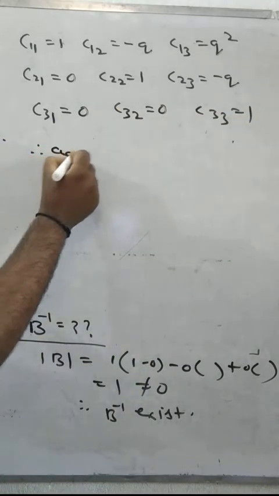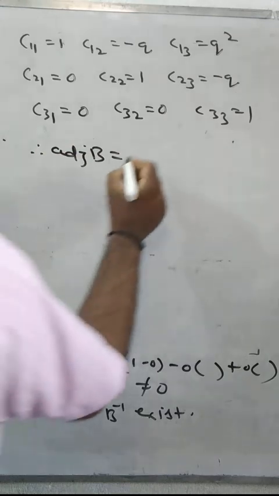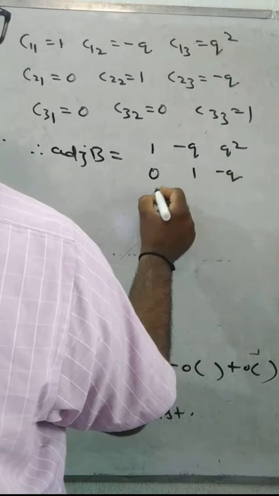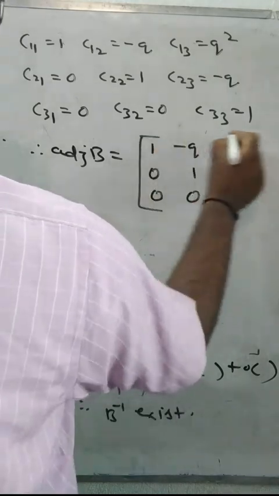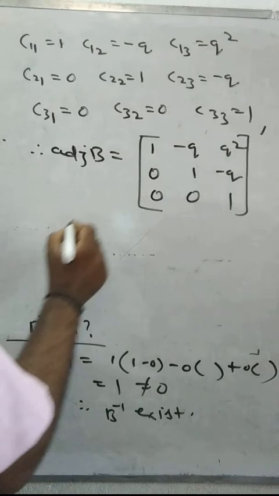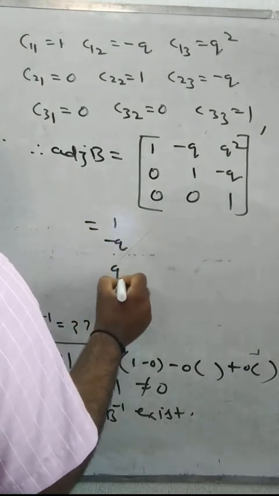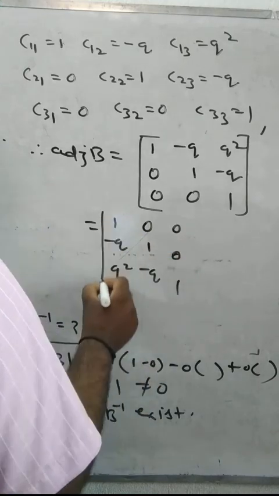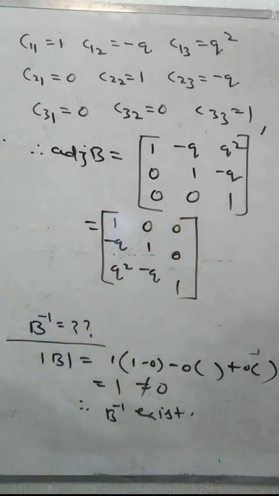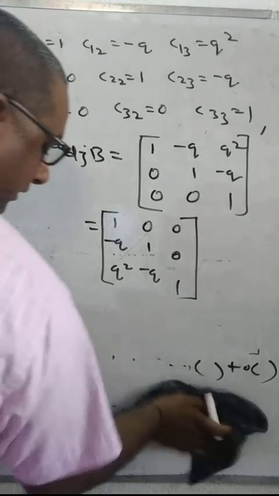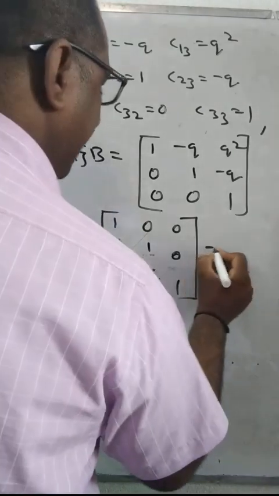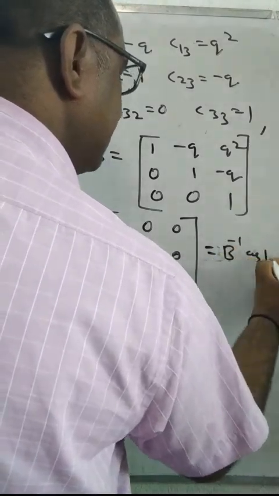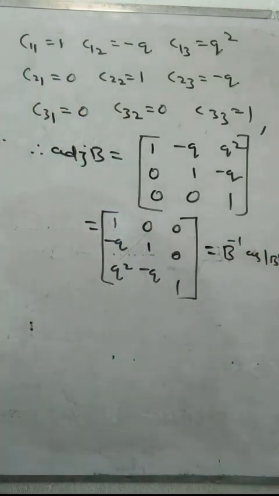Therefore, adjoint B is the transpose of this, which is [1 0 0; -Q 1 0; Q² -Q 1]. This is equal to B inverse, as determinant B is equal to 1.